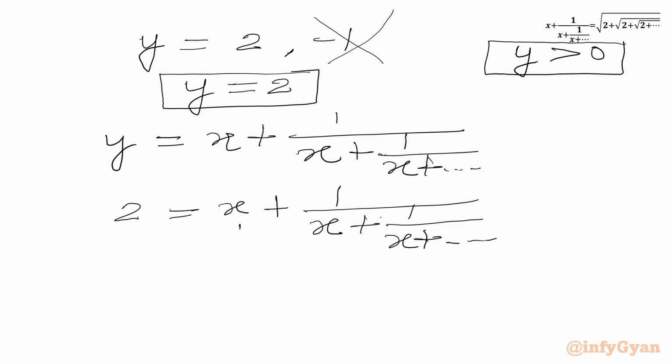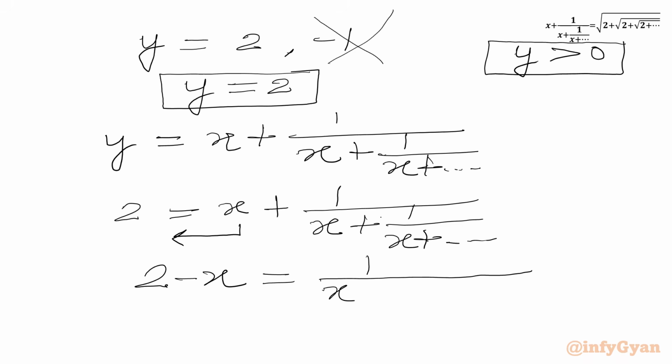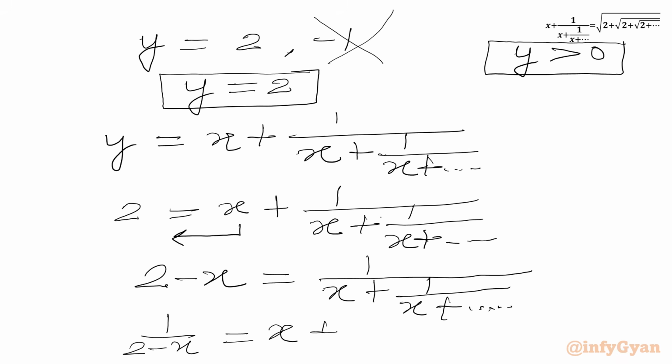Now we are going to take x to the LHS. We can write 2 minus x will be equal to 1 over x plus 1 over x plus up to infinity. Now we will take reciprocal both sides. So we will write 1 over 2 minus x will be equal to x plus 1 over x plus up to infinity.